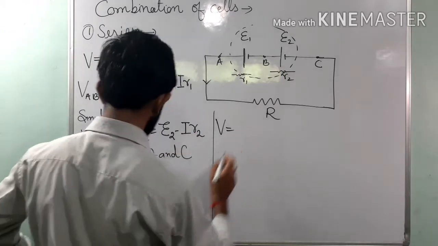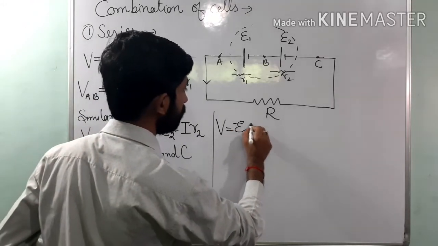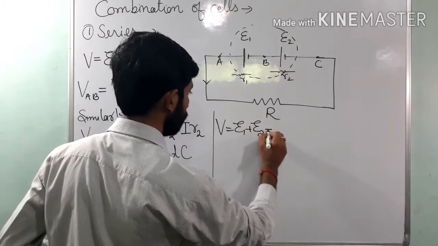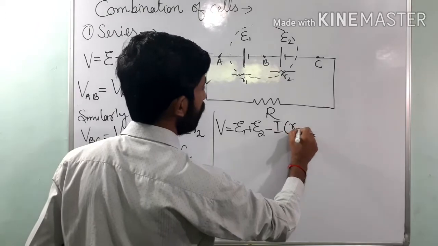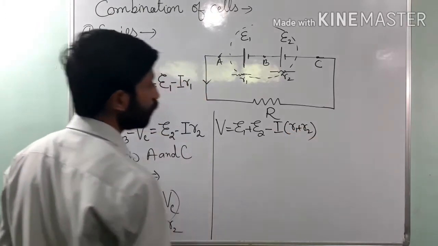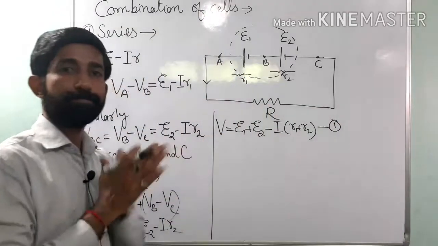So V equals this plus this, that is E1 plus E2 minus I, taken out, times R1 plus R2. Okay, that is equation number one.